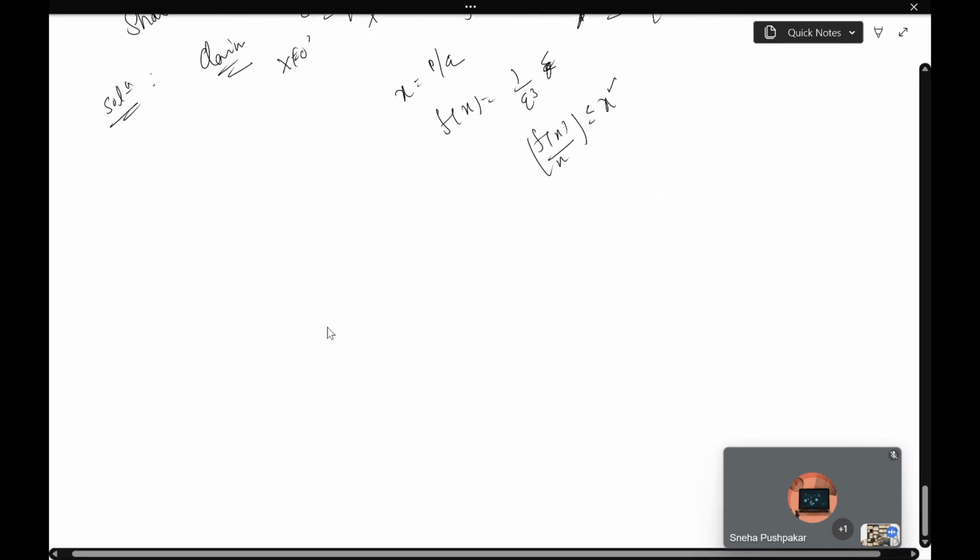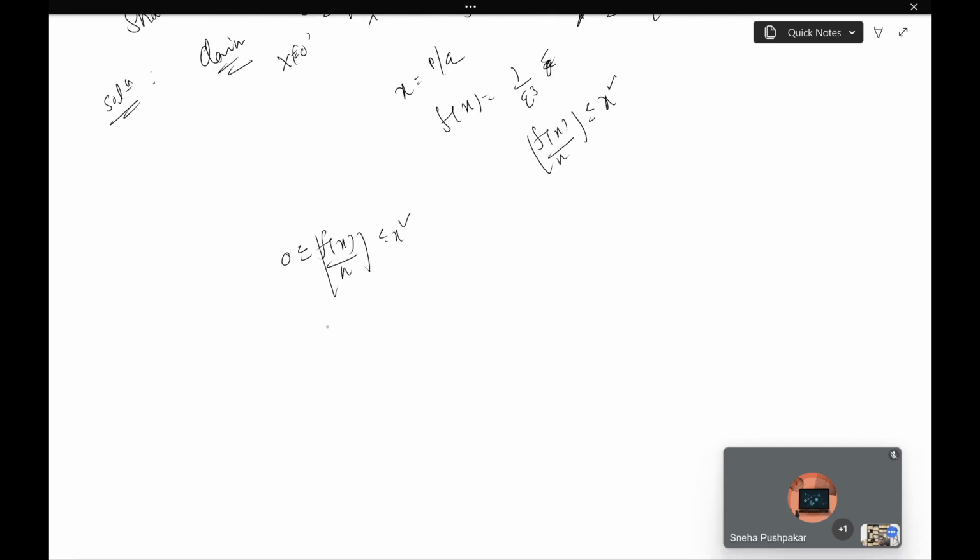So we get that the modulus of f(x) by x is less than or equal to x square. So the limit as x goes to 0 of f(x) by x equals 0. Understand? Yes, sir.